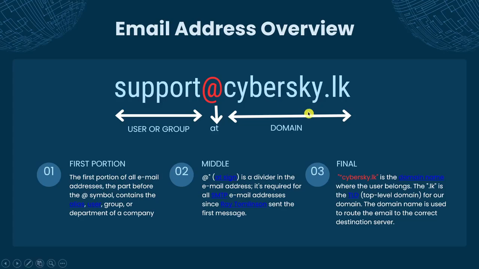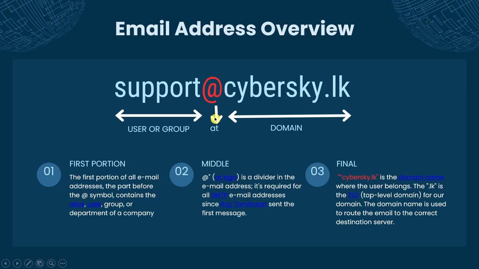If we talk about the email address overview, you can see an example email address, support@cybersky.lk. There are three portions in this email address. The first portion is the user or group, and then you can see the @ symbol.